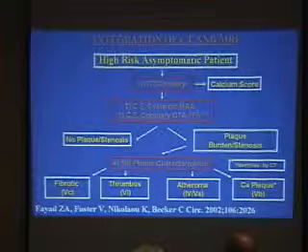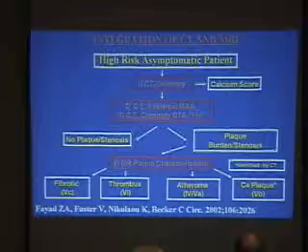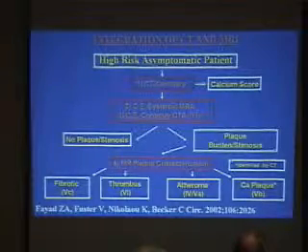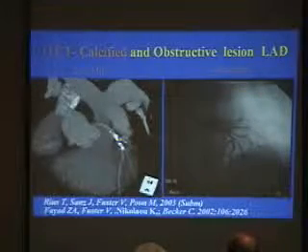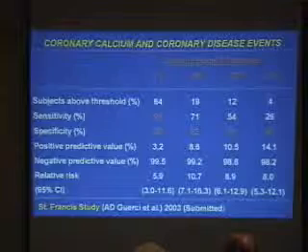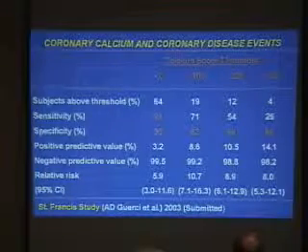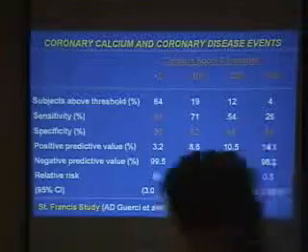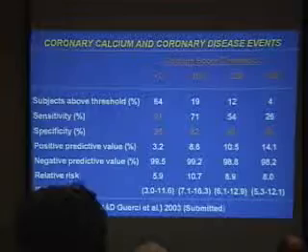Now I'm going to present to you sensitivity, specificity, and the things that we need to know about these technologies as we are moving on and learning. With ultra-fast CT, before you inject anything, you can see calcium. What about calcium? Well, you have great experts in this room that we will hear from later. We already said to add it to the Framingham, but what about the sensitivity and specificity of calcium? Well, here it is.